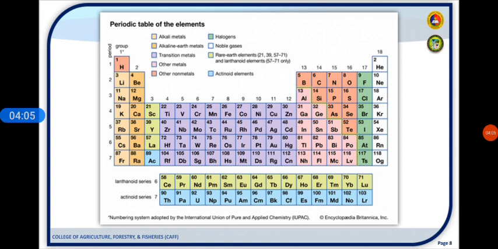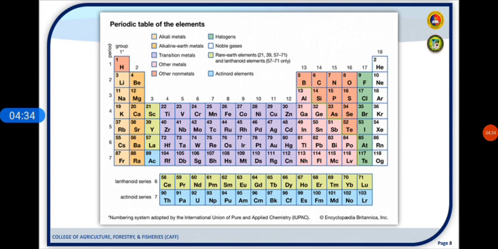And we also have the alkaline earth metals. We have the atomic numbers 4, 12, 20, 38, 56, and 88. So what is Be? That is beryllium. Mg, magnesium. Ca, that is calcium. And so on and so forth. And we also have the transition metals that are colored purple.